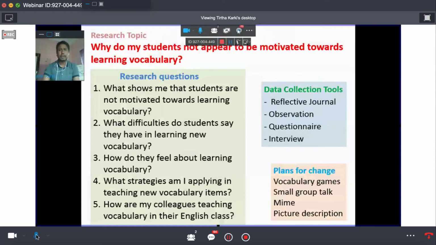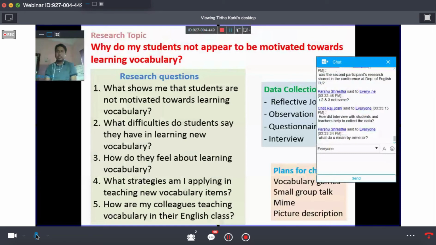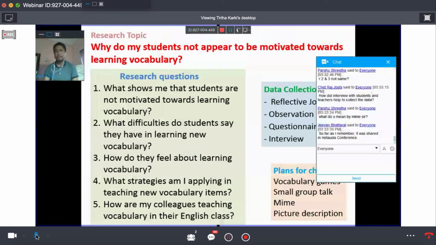Okay. There are a few questions. How did interview with the students and teachers help to collect the data? Well, talking to the students can tell why the students are not participating in classroom activities, and sometimes what type of activities the students want in their classroom.